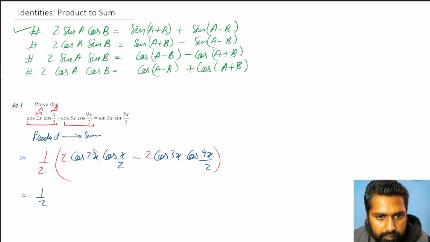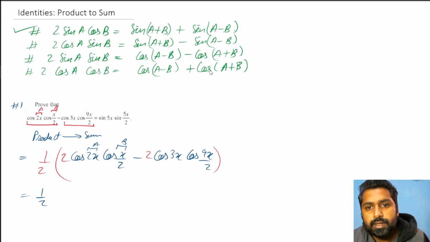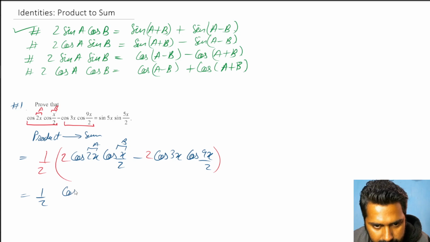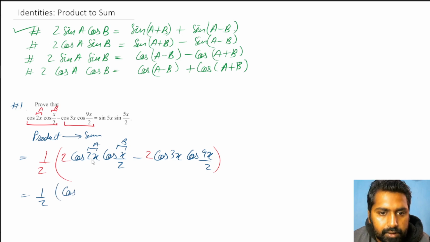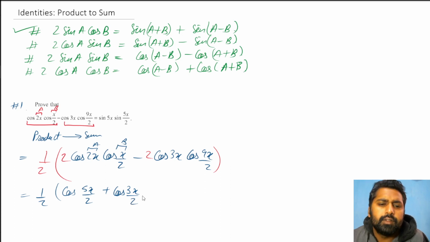Now we can apply 2 cos A cos B. Look at the identity. 2 cos A cos B is cos A minus B plus cos A plus B, means cos of, one time you have to add the angle, 2x plus x by 2, that becomes 5x by 2, plus cos of subtraction, 2x minus x by 2, 3x by 2. Whether I'm writing A minus B first or A plus B first doesn't matter because addition is going on.